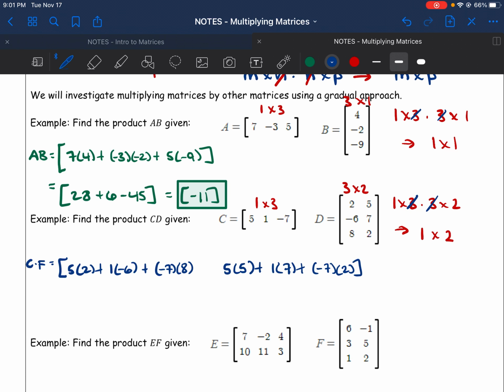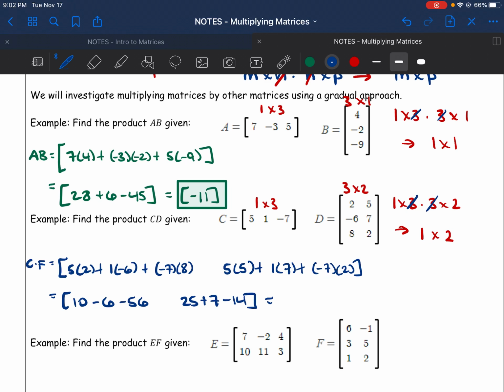There we go. And we can already see we're going to get a 1 by 2 matrix. One row, two columns. Let's go ahead and simplify these pieces here. So 5 times 2, that's going to be 10, -6, -56. Leave a space between the next element. And then 25 plus 7 minus 14.